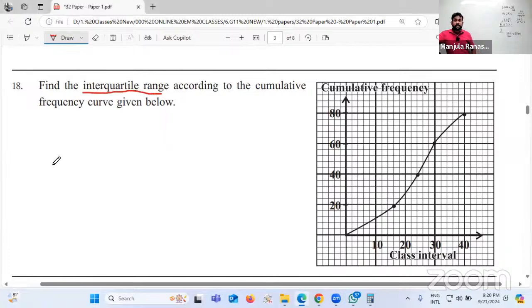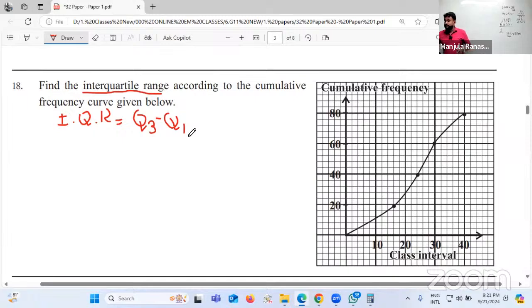We call it the IQR. How to take the IQR? Just subtract Q1 from Q3. Take Q3 and Q1 and subtract these two.